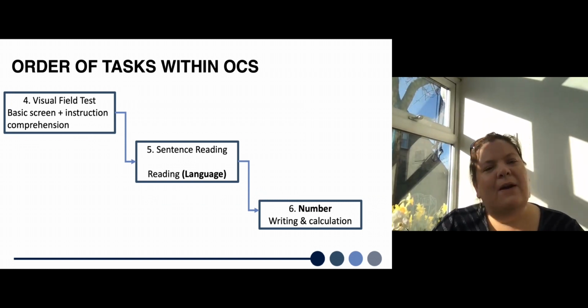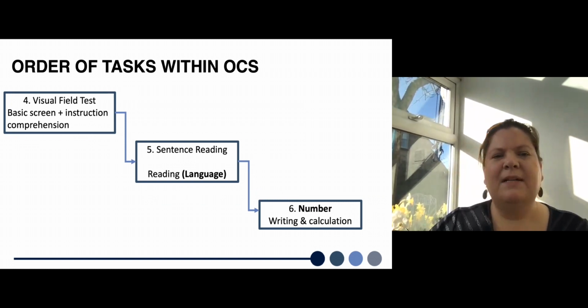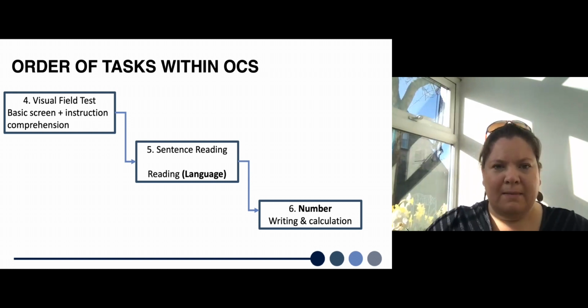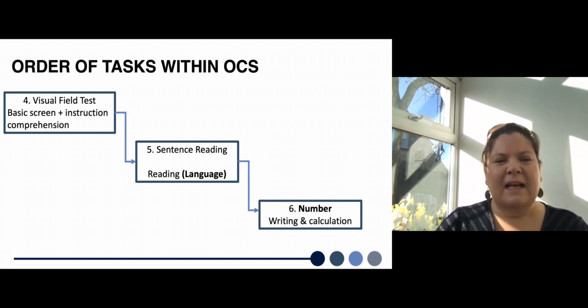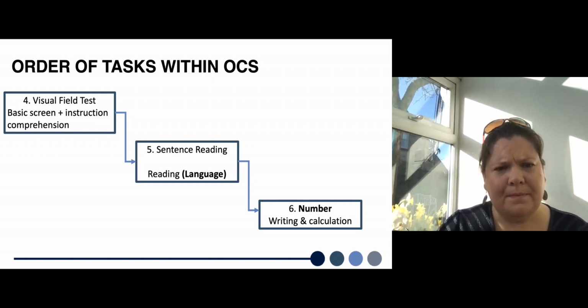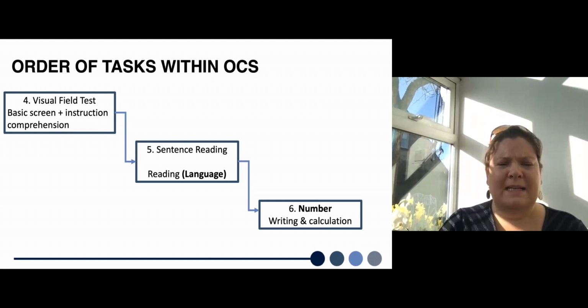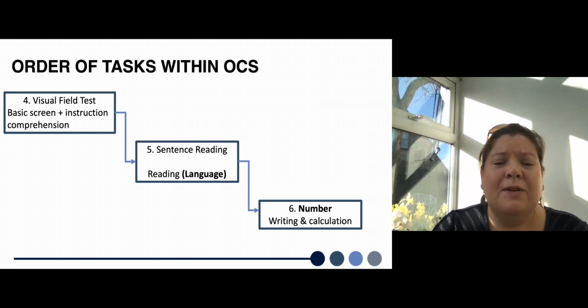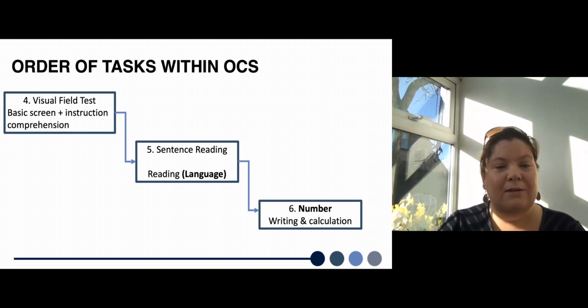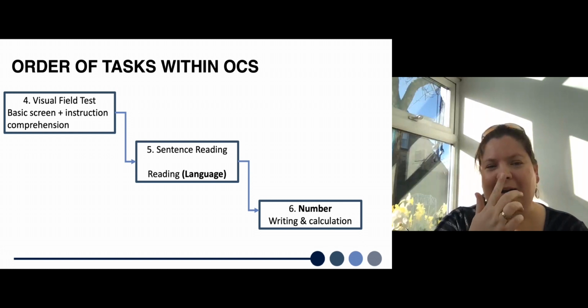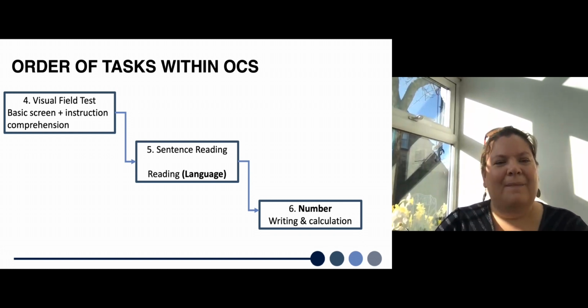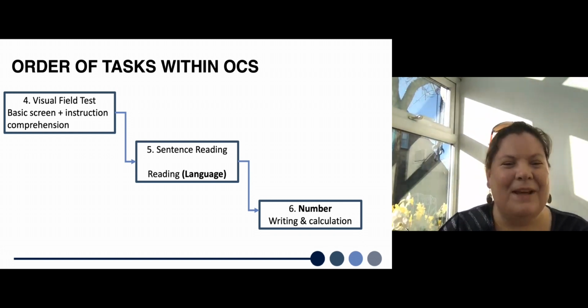So then next we go on to do a brief visual field test. So it's very simple basic screen holding up the four quadrants simply by moving your hands to understand whether they can point to where they see movement. So it's also in a way a little bit of an instruction comprehension, and you'll find that some people really struggle to, when you say keep your eyes focused on my nose, and they just won't. They'll just keep looking to your hands, and it may be very difficult to test.